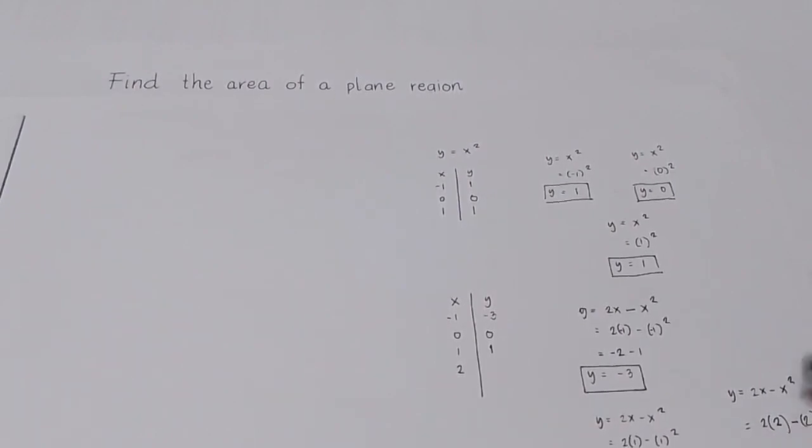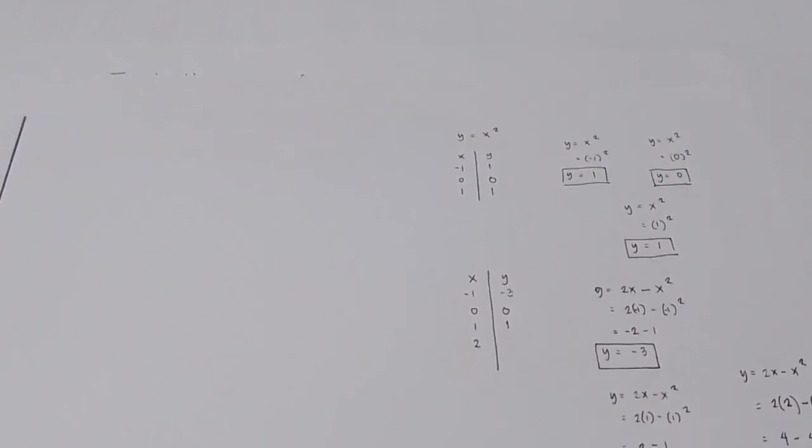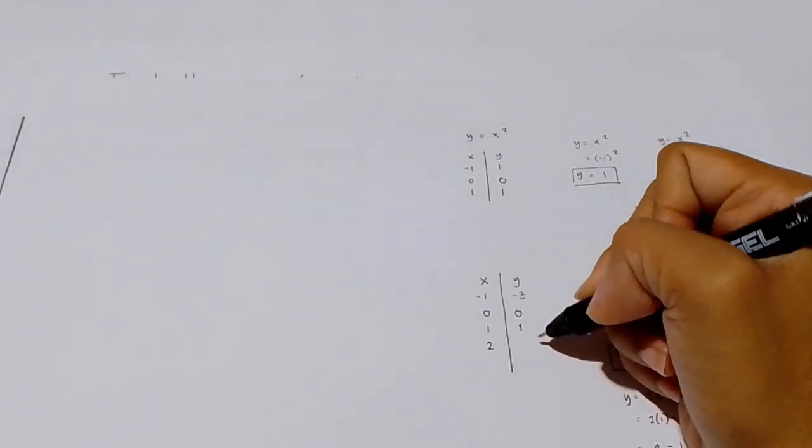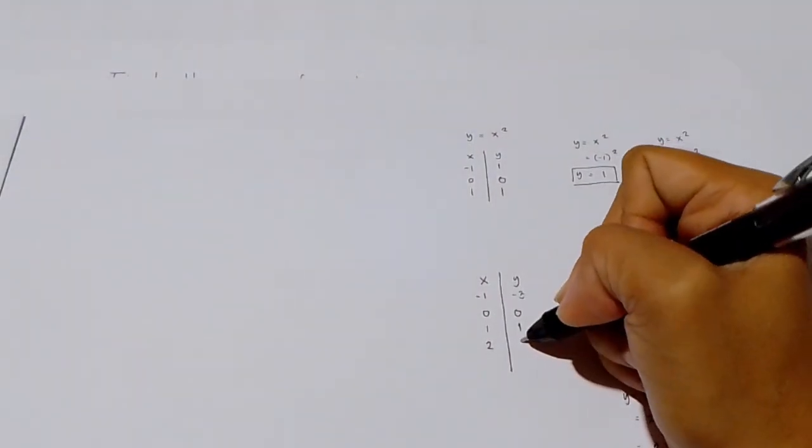So 4 minus 4 is equal to 0. So when x is +2, the value of our y is 0.